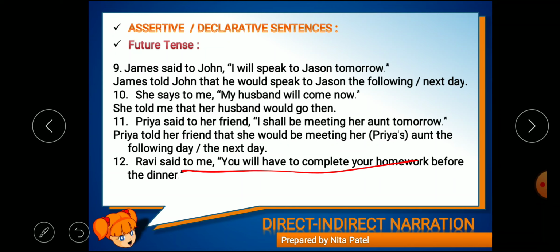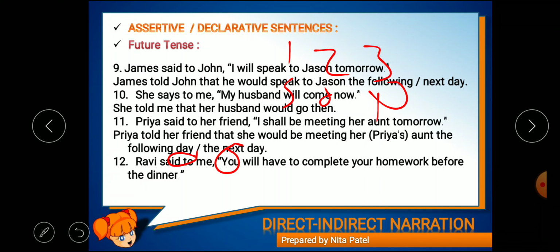Ravi said to me, "You will have to complete your homework before the dinner." Now look at this, it is the future perfect tense. But here, what is important, if future tense is there, we do not need to change the verb form. We'll just convert will into would, shall into should. So Ravi told me, right? Said will convert into told. So Ravi told me that, "you" is the second person. Now second person is changed according to the object.